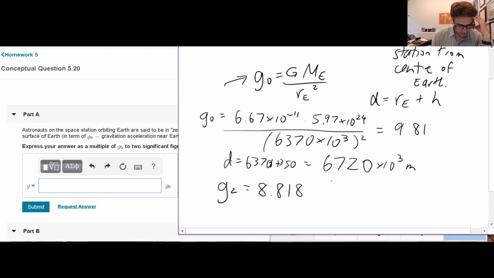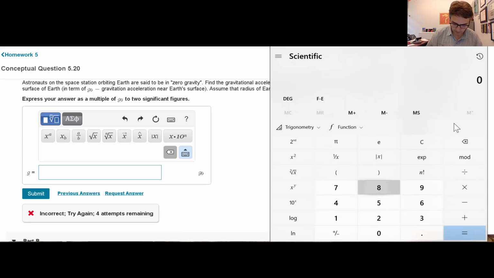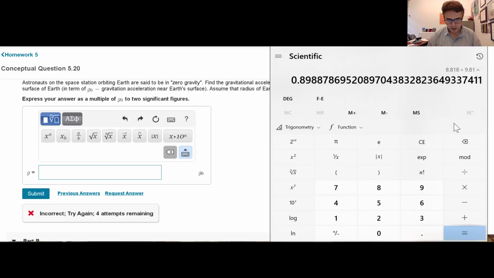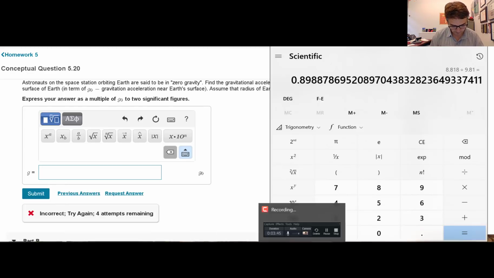Okay, so we're trying to find it in terms of g0, so g2 is equal to 8.818 divided by 9.81. Yeah, 0.89.